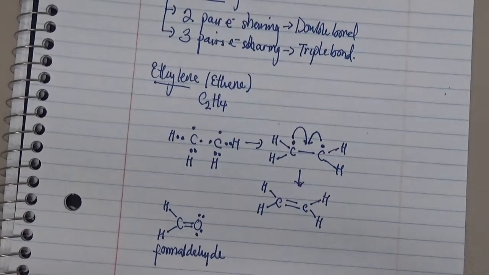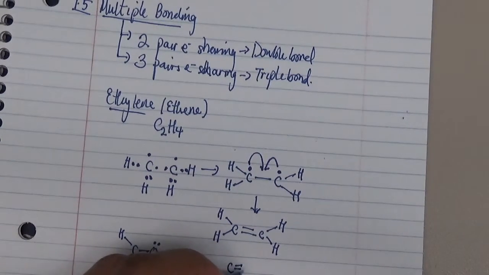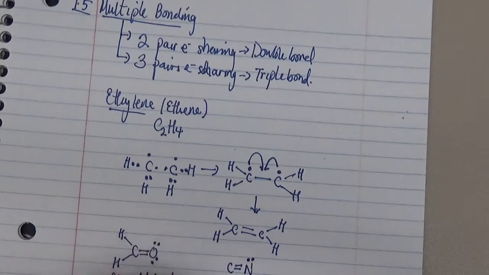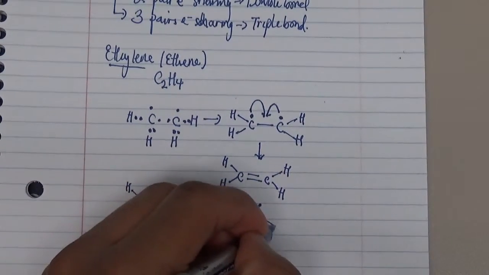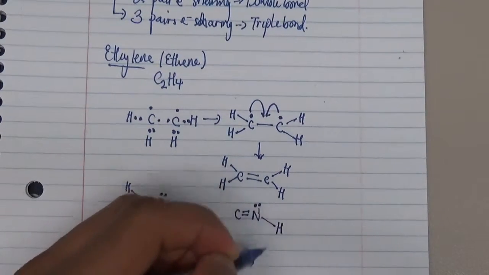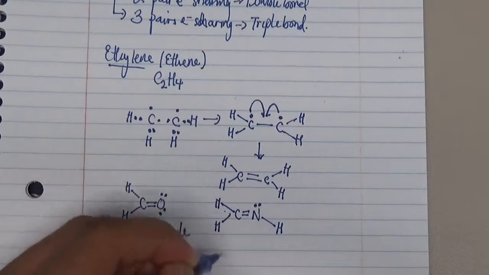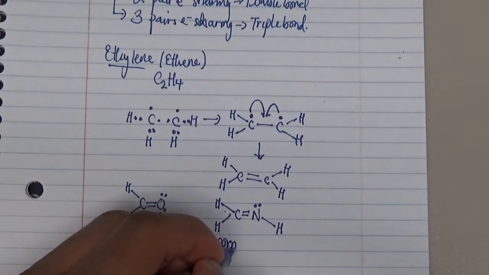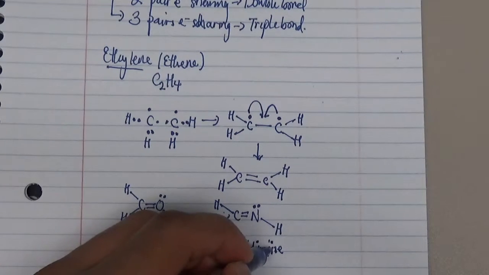Another form of this is between carbon and nitrogen, which involves a double bond between carbon and nitrogen with a lone pair on nitrogen, and a nitrogen-hydrogen bond. This will lead to the formation of an imine. This is an N.